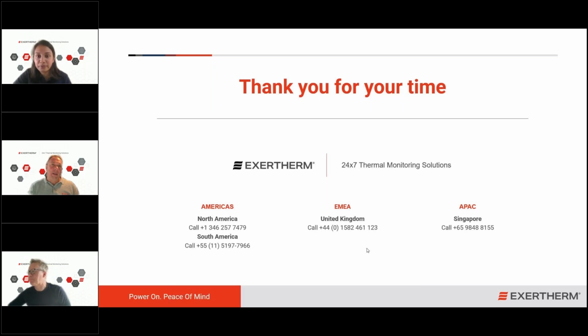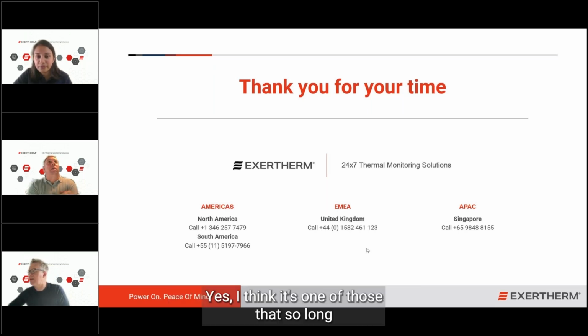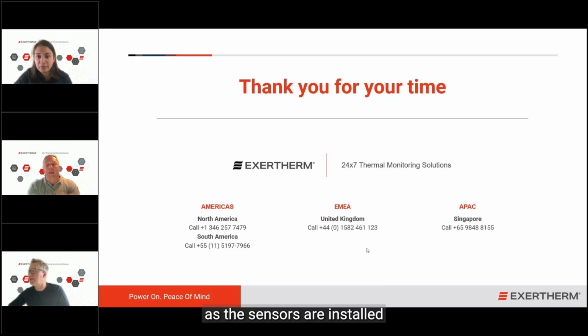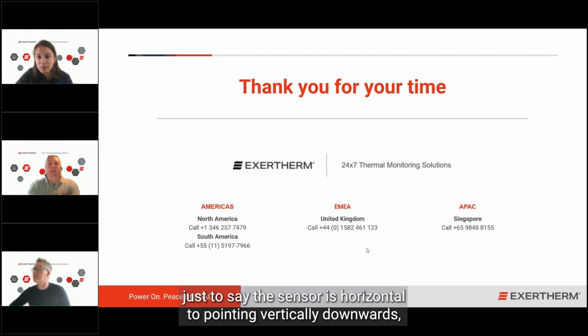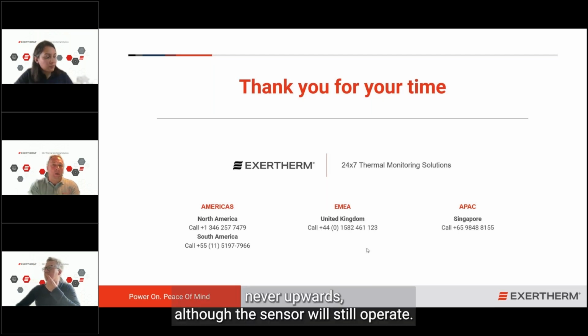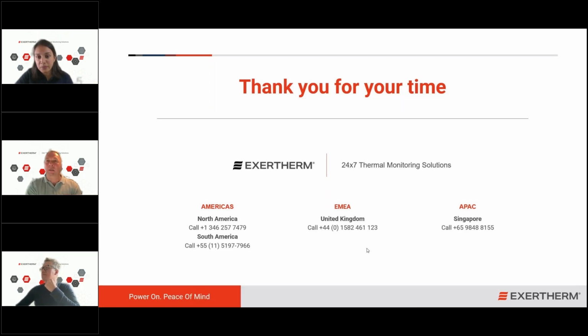Yes, I think so long as the sensors are installed as we prescribe, and really it's just to say the sensor is horizontal to pointing vertically downwards, never upwards, although the sensor will still operate.